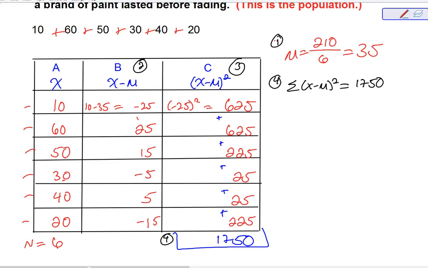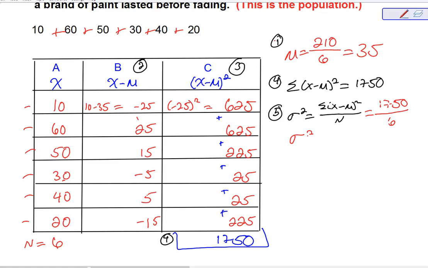Step 5 is to take this number and divide it by n to get my variance. So I'm going to take my 1750 and divide it by how many numbers I had, which was 6.